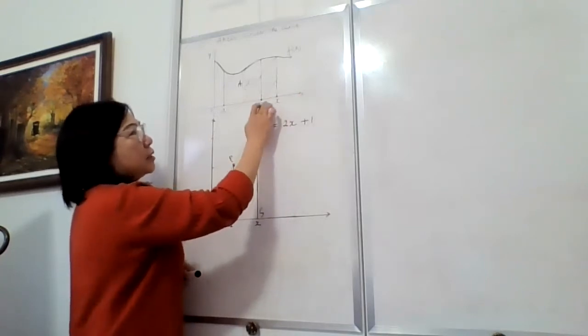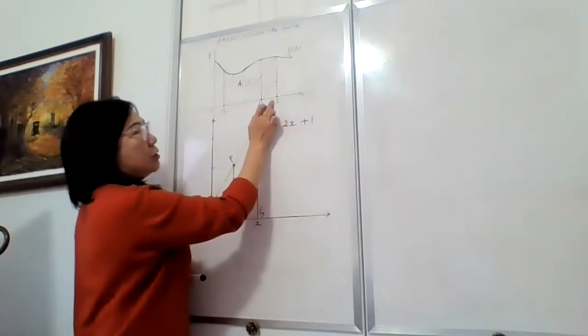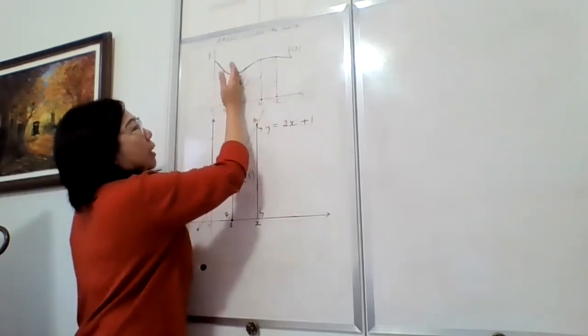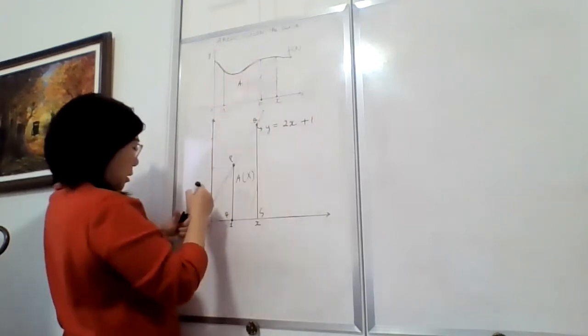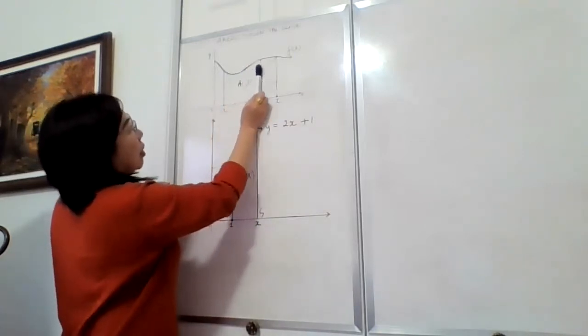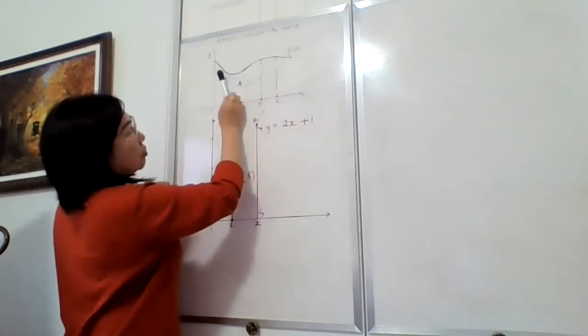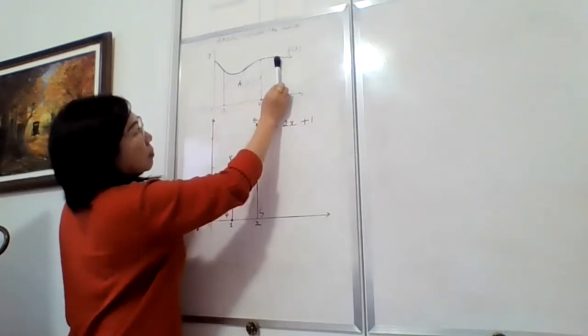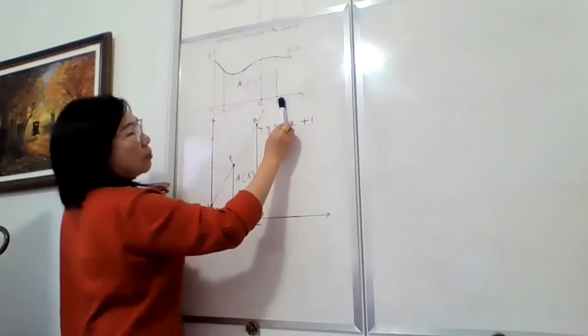So I just say, let's say I move from B by an x unit here. Then my area will extend from here all the way to here, right? So that's my area getting bigger by the unit of x.